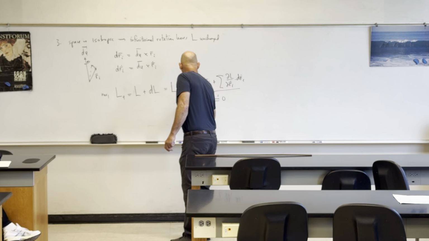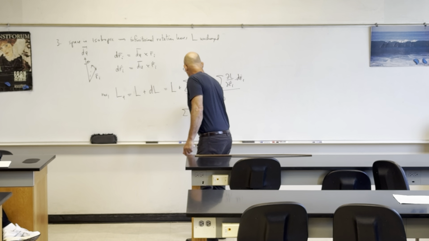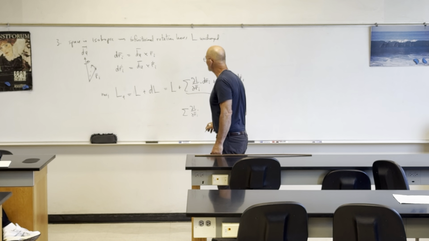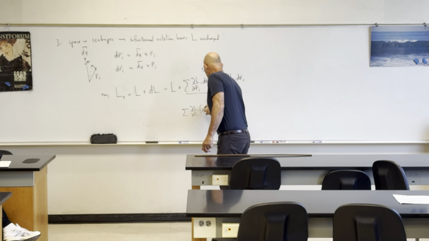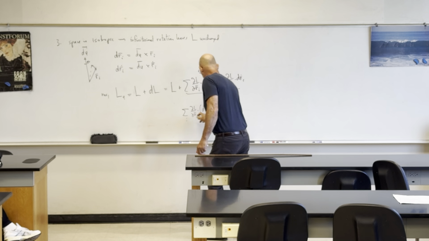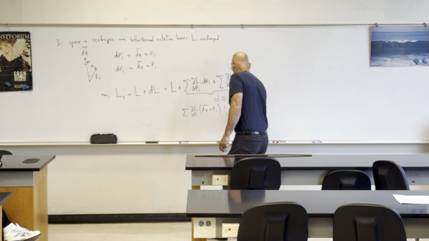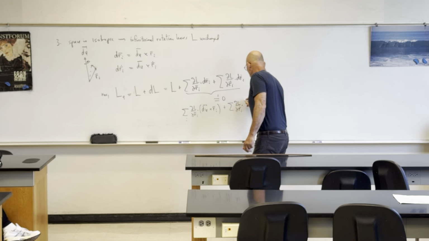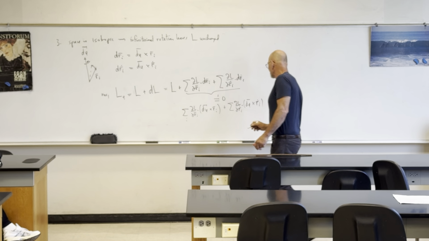So we have the sum over ∂L/∂r sub i dotted into dφ cross r sub i. And we've got the sum over ∂L/∂r sub i dot, and again, dφ cross r sub i dot.